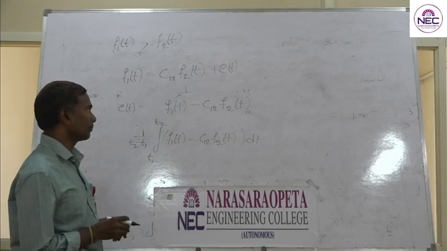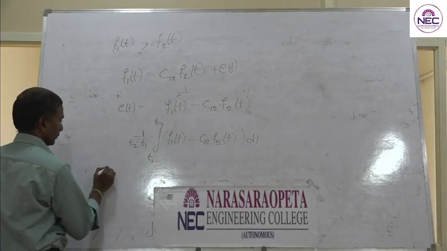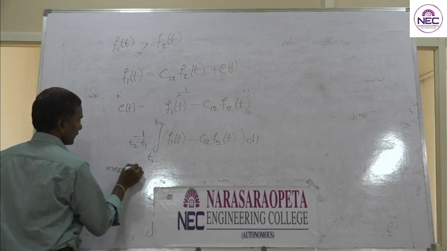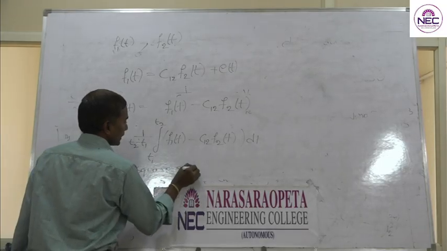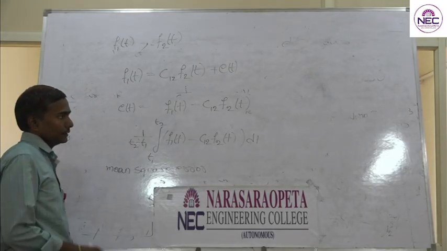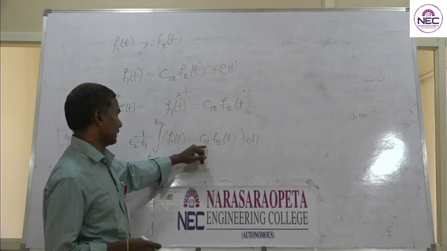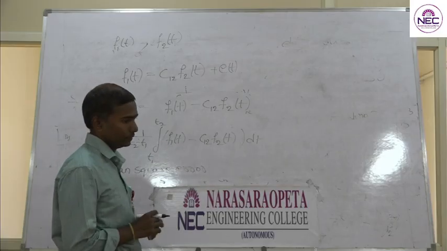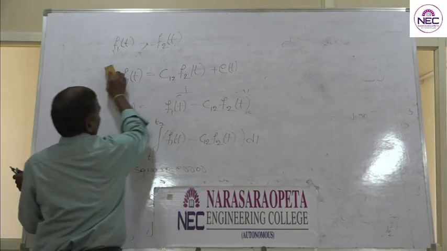So we go for the mean square error. We find the mean square error to find the similarity of f1 and f2 of t.